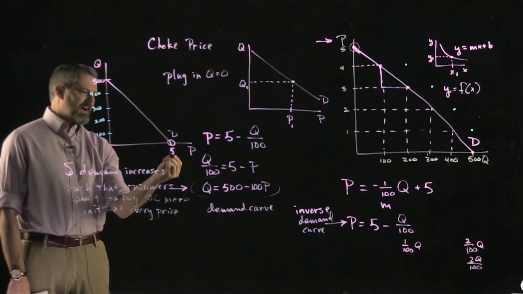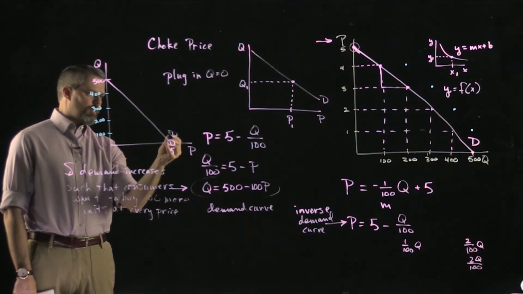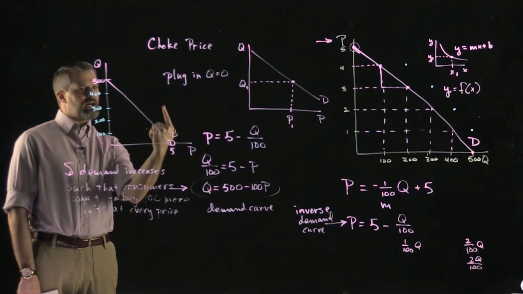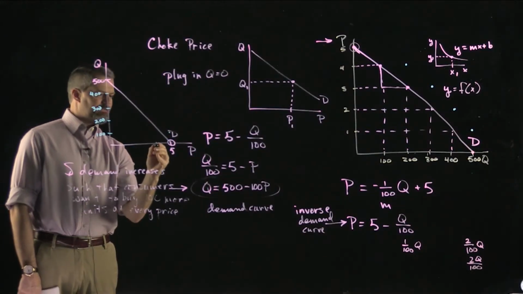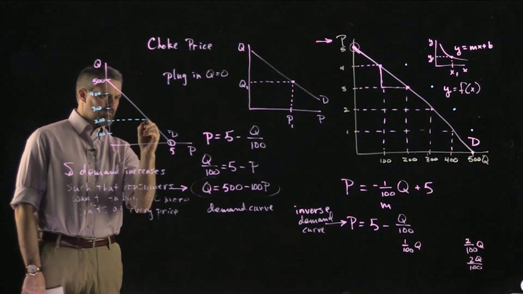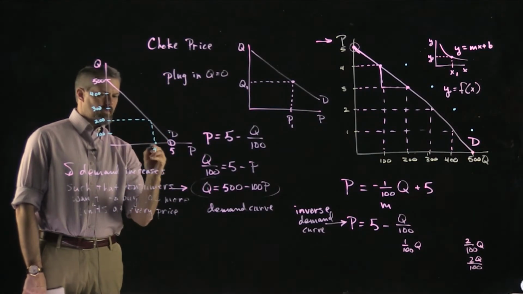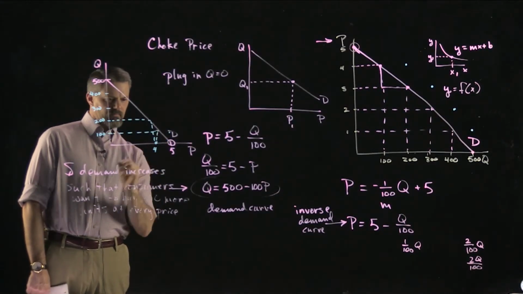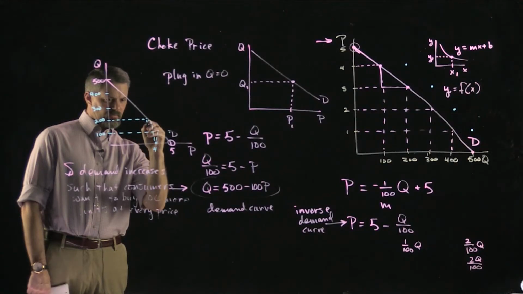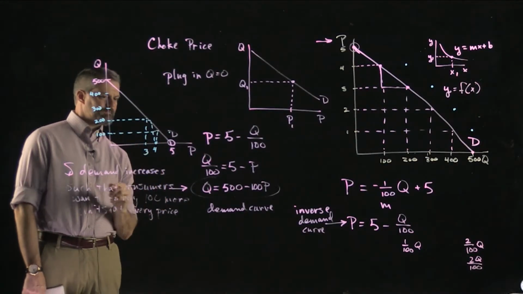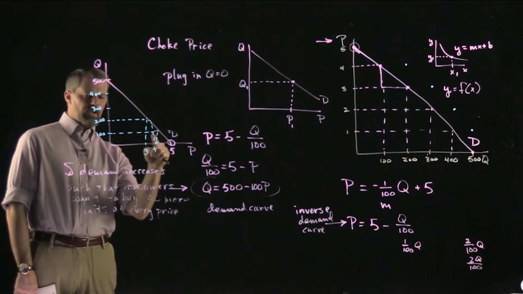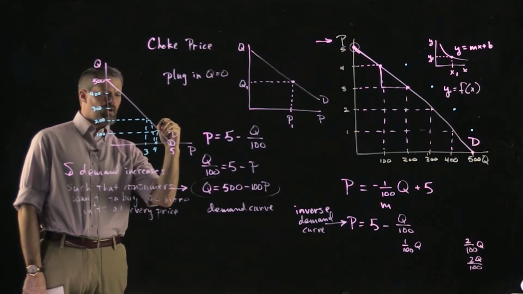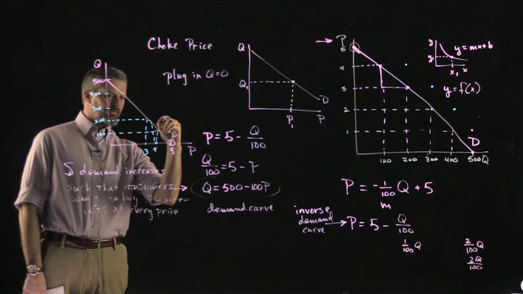So at a price of 5, they wanted 0, now they're going to want 100. So it's going to move it up. At a price of 4, they wanted 100 units, now they're going to want 200 units.